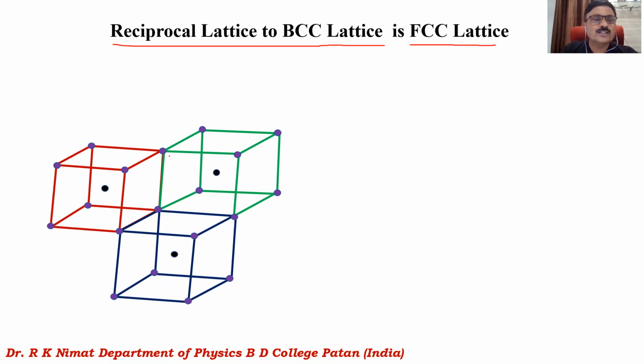So here we have considered three such unit cells, and we have shown that there are atoms present at the corners, and there is an atom present at the center of each of these three unit cells. Now we know that the length of the edge of this cube is a. Every cube has a length equal to the lattice constant, and that is a.